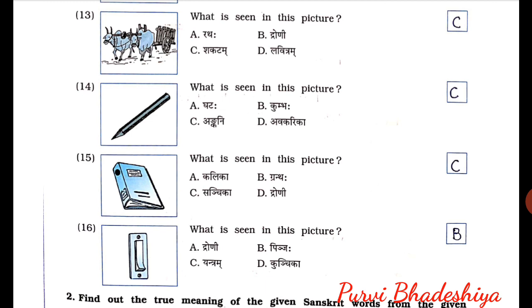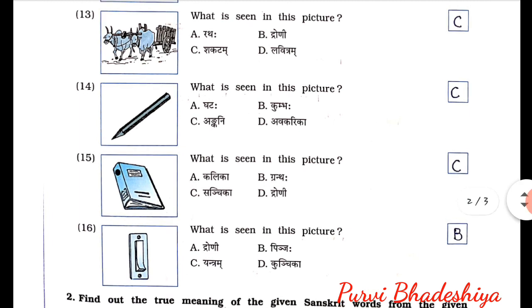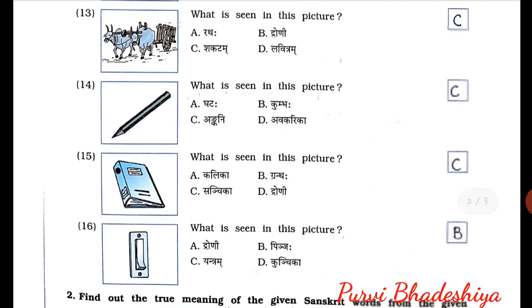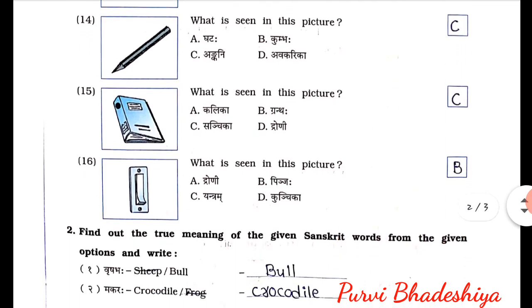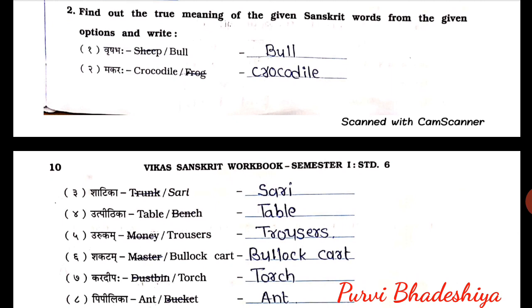So, 15 number, in that a file is there and they have asked a question, what is seen in this picture? So, the answer is C. Sajjika. C. Sajjika. 16 number picture is of a switch and they have asked a question, what is seen in this picture? And the answer is B. Pinjah. B. Pinjah.